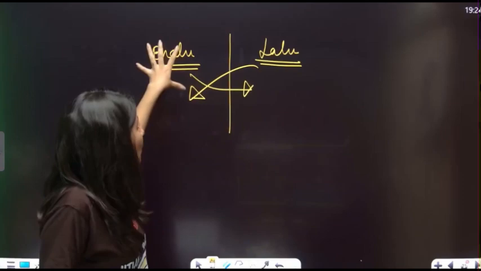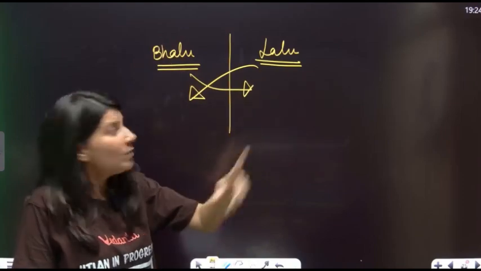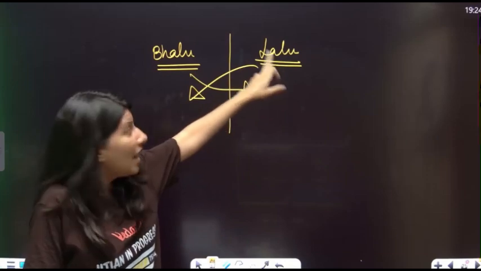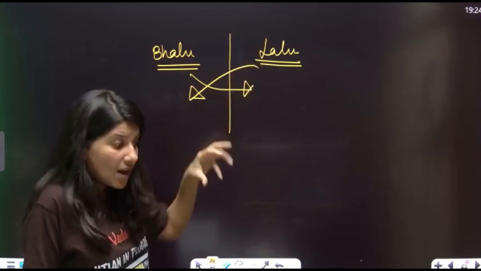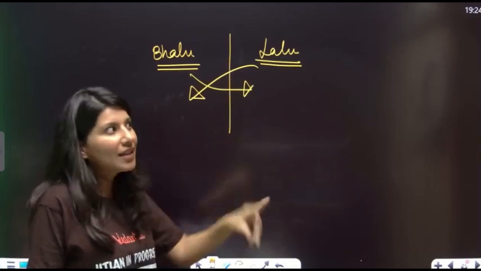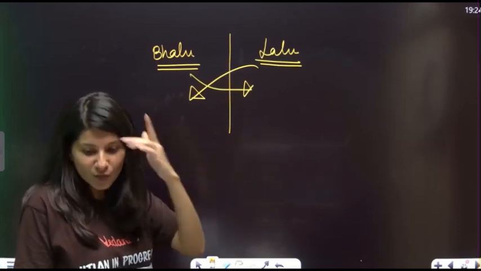Okay. So Bhalu can go in the entire home except Lalu's room, because this is Lalu's personal space. And this is Bhalu's personal space. But what is the common thing? The living area. They can meet in the living area, but they cannot go in each other's room.